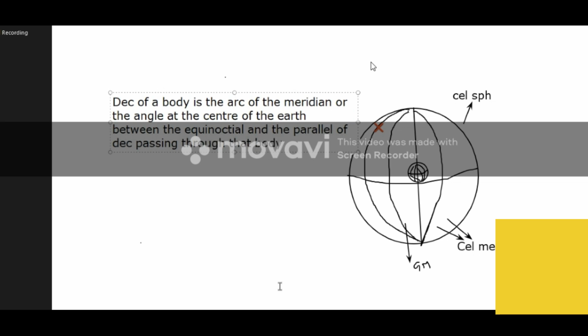So in short, if this is the body, its declination is from here to here. Arc of the meridian is the meridian, so it is the arc of the meridian or the angle at the center of the earth.